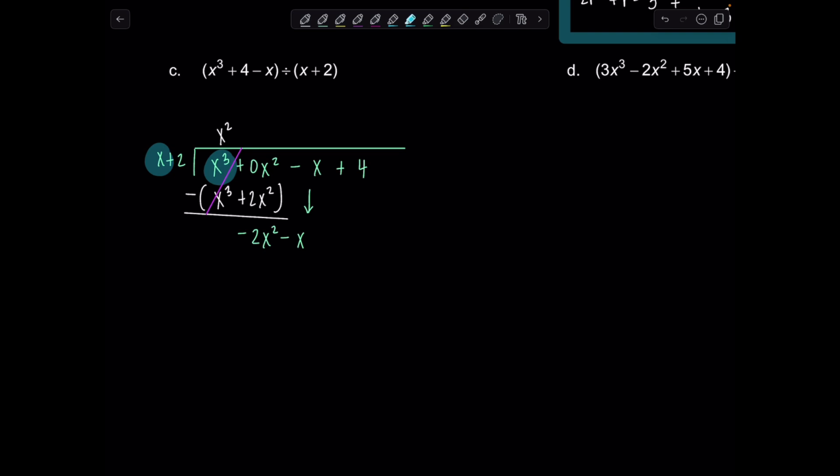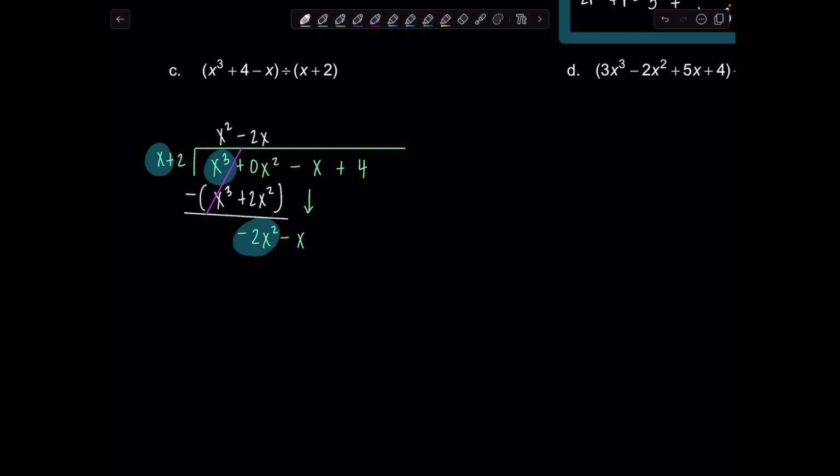Okay, now repeat the process. So divide negative 2x squared by x. What do you multiply x by to make it negative 2x squared? Yes, negative 2x. Good job. Then we multiply. So negative 2x distributes through to the divisor.